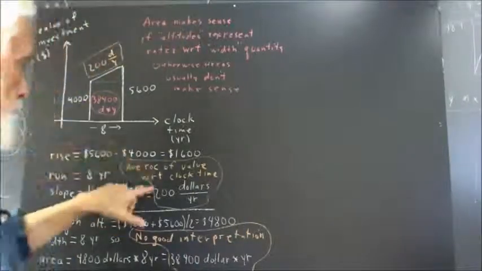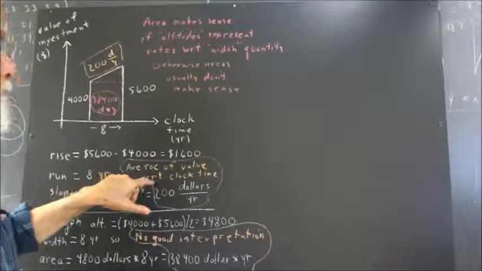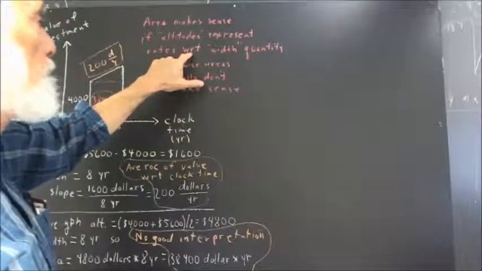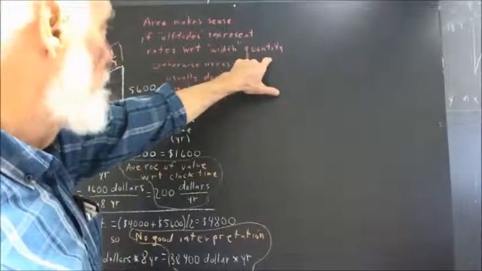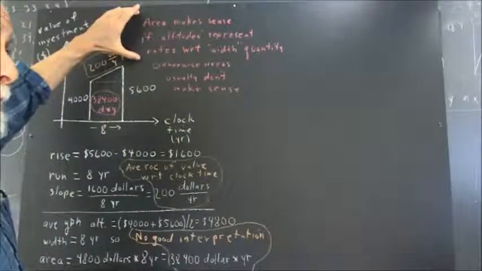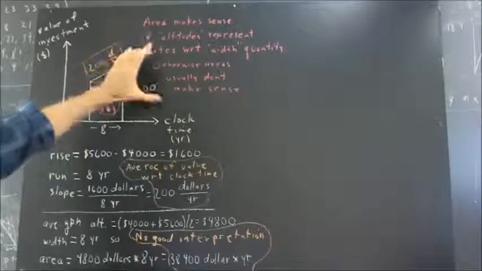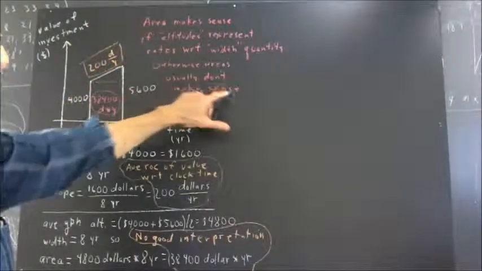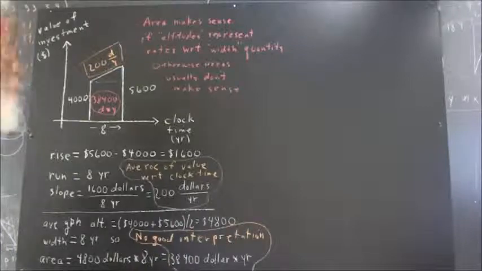WRT, and I use that down here also, stands for with respect to whatever the width quantity is. Now we'll see more about what that means, but that statement pretty much stands. Otherwise, areas usually don't make sense. So in some cases they do, in some cases they don't.